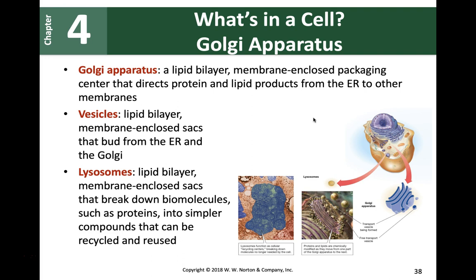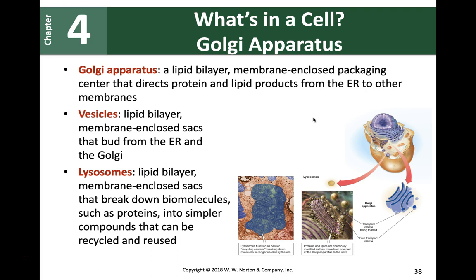Now what happens here? What do you do in a post office, guys? If you want to send a package, you give the package to the post office, and they're going to put a label on it and ship it to the right place, right? That's exactly what Golgi bodies or the Golgi apparatus do.